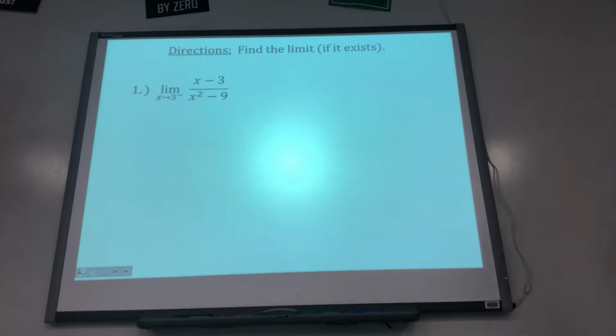All right, I'm going to go ahead and put the first one up here. And it says the limit as x approaches 3 from the left of x minus 3 all over x squared minus 9. That's what we're supposed to find the limit of.